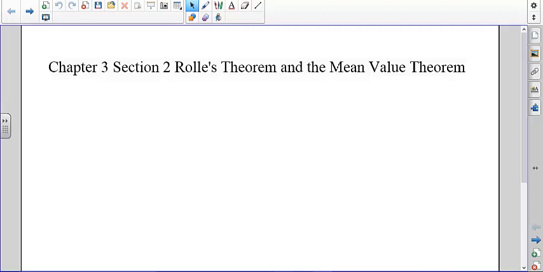There are two theorems: Rolle's theorem and the mean value theorem. It has to do with the value of the slope of the line between 2 points, and it does require us to find the points where the slope goes to 0. So it's using the stuff we learned in the last section.